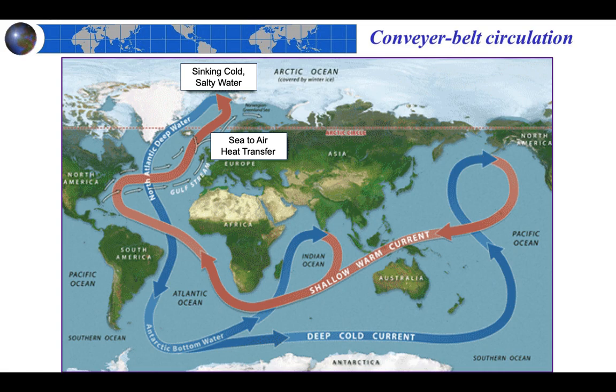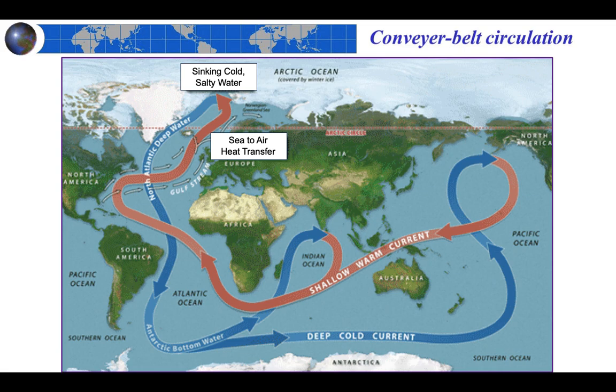Then it continues its circulation as a shallow warm current from the northeastern Pacific Ocean across the equatorial zone, picking up much warmer temperatures and heat, and then continues across from the southern tip of the South African continent all the way to the western part of the Central Atlantic Ocean, and that's where the Gulf Stream now becomes part of this thermohaline circulation, bringing warm water and lots of organisms from this region all the way to continental Europe, the British Isles, and the Nordic countries as well.